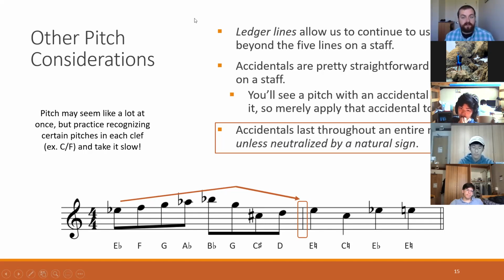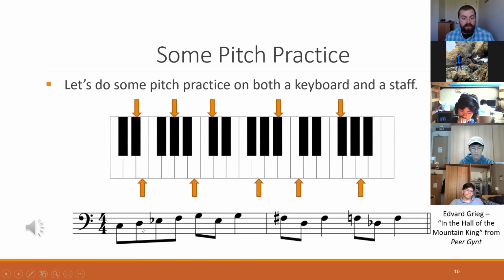If there are no questions, let's go ahead and do some pitch practice. Let's do both kinds of pitch identification that we've looked at today, on the keyboard and then on the staff. Go ahead and take 2 minutes. This may seem like a lot of time, or it may not, but I'm going to take 2 full minutes.